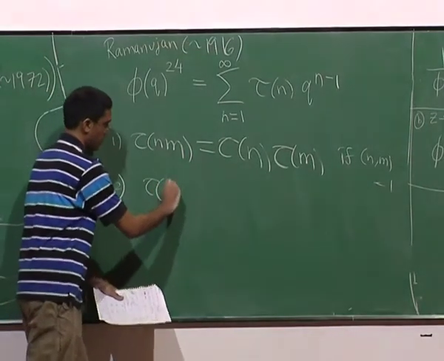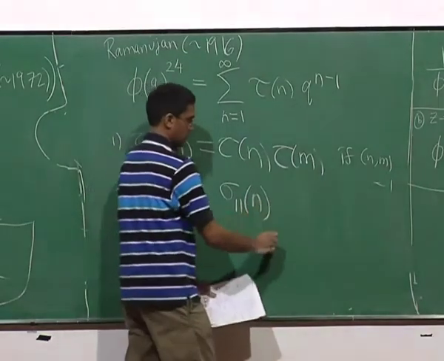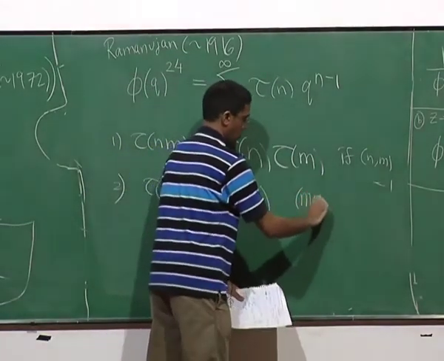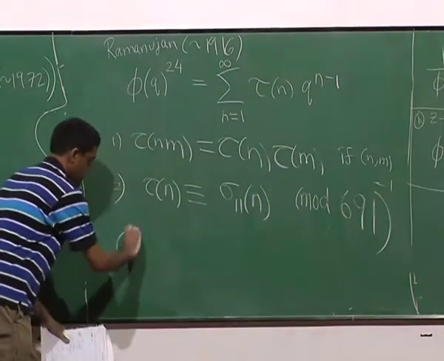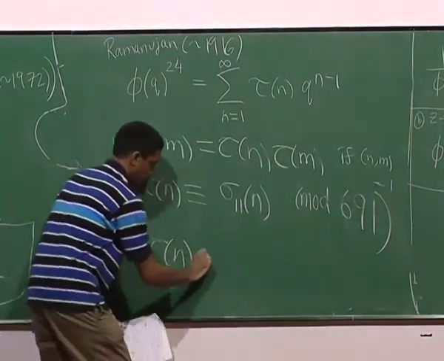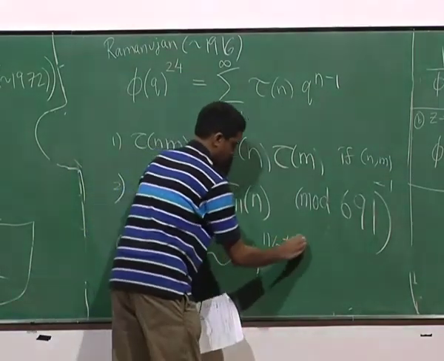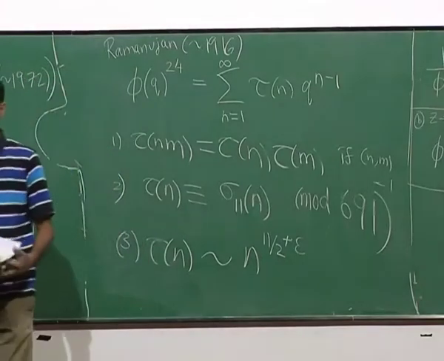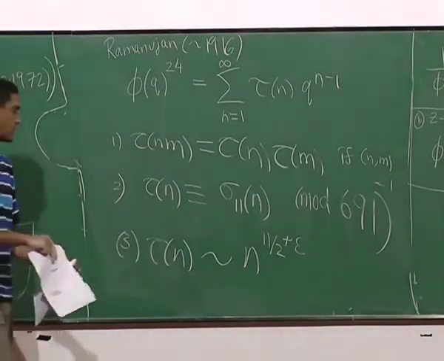He said tau of n is congruent to the 11th power of the divisor function modulo 691. He said something about the growth. And several other such extremely difficult to believe things, all of which turned out to be correct.